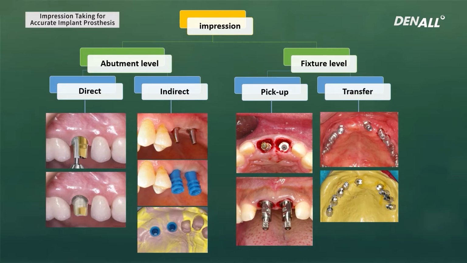That's the direct method. One piece or two piece abutment may be connected. Impression cap or coping can be used for indirect method. In implant level, you cannot directly take impression of the implant, therefore transfer jig needs to be used. Depending on pickup type or transfer type coping, it can be divided as well.